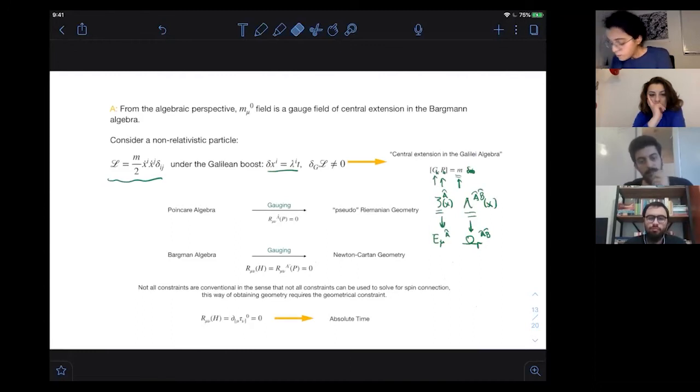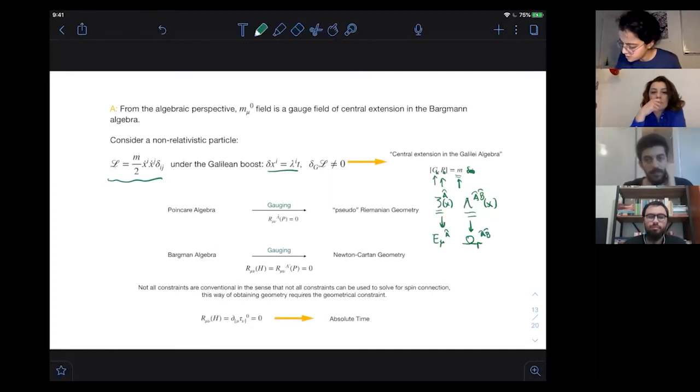From the algebraic perspective, these gauge fields are completely independent objects. However, in general relativity, I know that the spin connection can be described in terms of the vielbein. To do that, I have to introduce a so-called conventional constraint, which relates the spin connection with the vielbein.